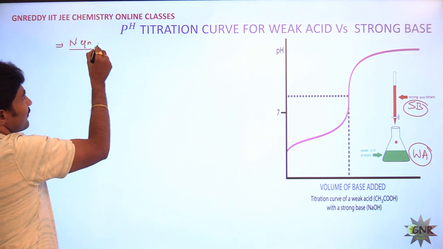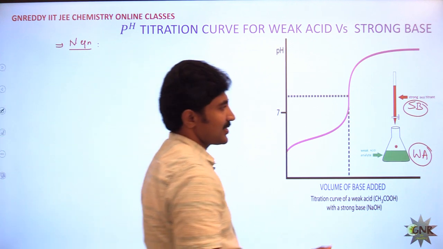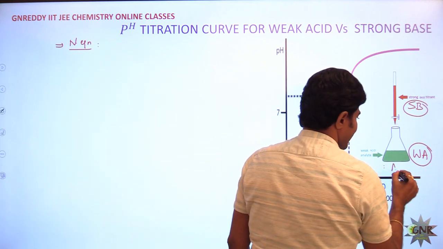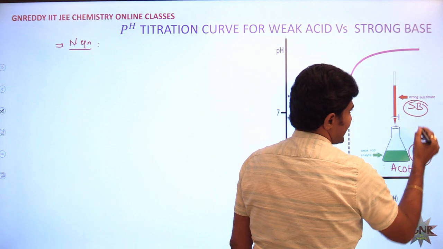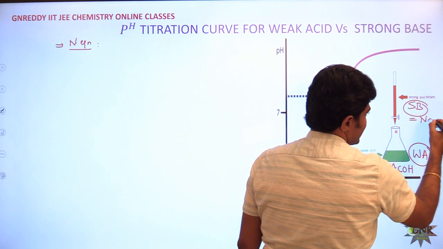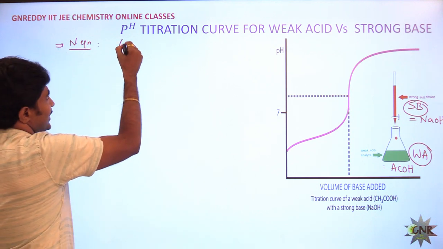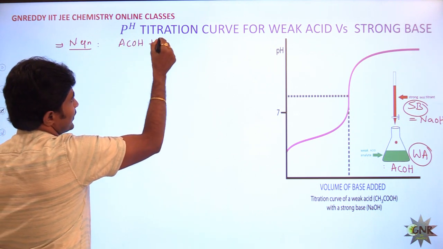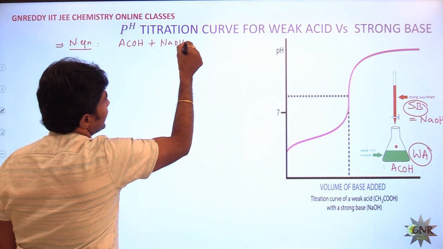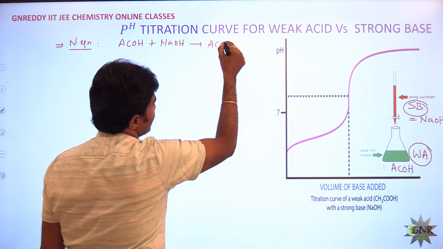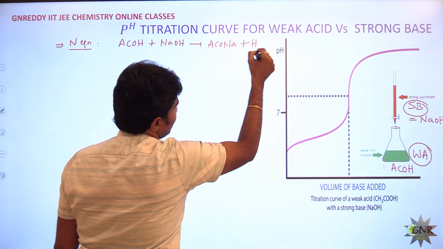What is the neutralization equation here? Let us consider this weak acid is acetic acid, CH3COOH, and let this strong base be sodium hydroxide. This acetic acid reacts with sodium hydroxide and gives sodium acetate plus water.